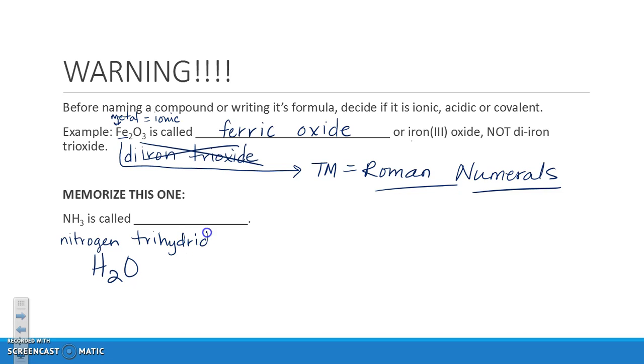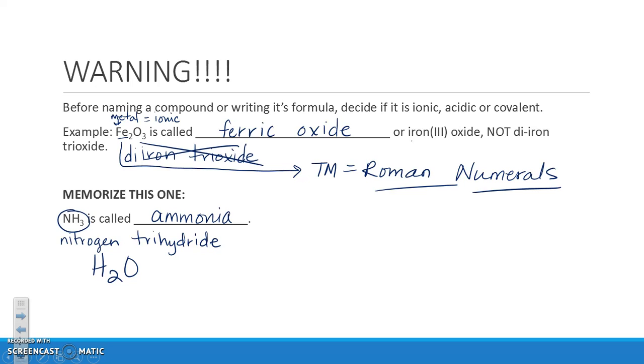However, nobody calls it by that name, because this is just called ammonia. It's the common name. So memorize that one so that you know it. Just like H2O is water, we don't call it dihydrogen monoxide. We call it water. And so NH3, we're going to call that ammonia.